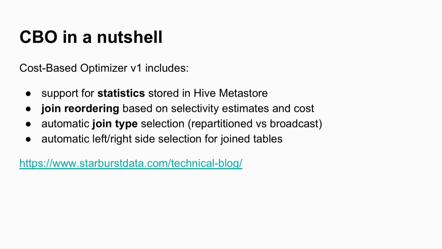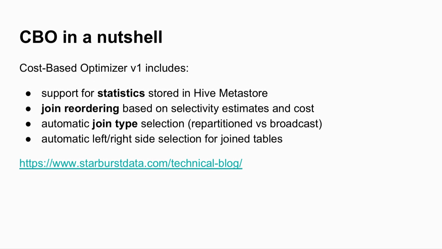One is the repartition distributed join that basically shuffles two tables, and there's also the broadcast join, which basically replicates a smaller table across all nodes. We'll make that decision automatically for you, rather than allow you to tweak it via a session property or config property. And finally, we'll also make a determination for each join of which input should be on the left versus the right side of the join.